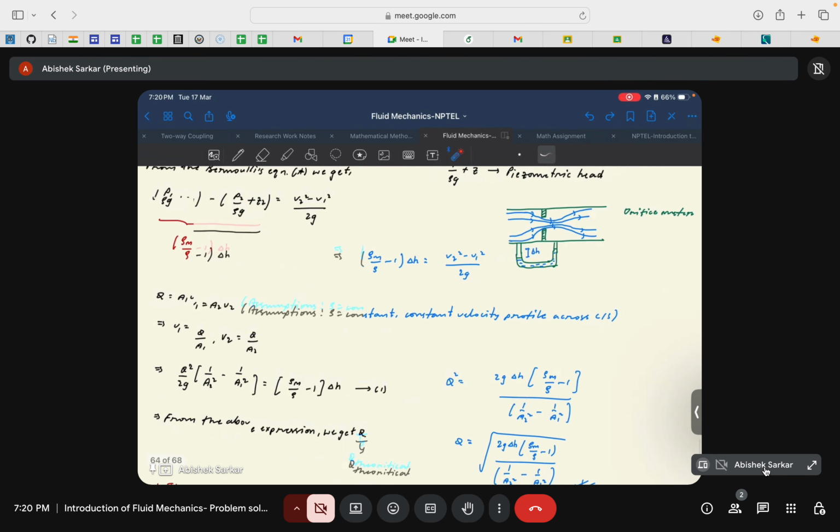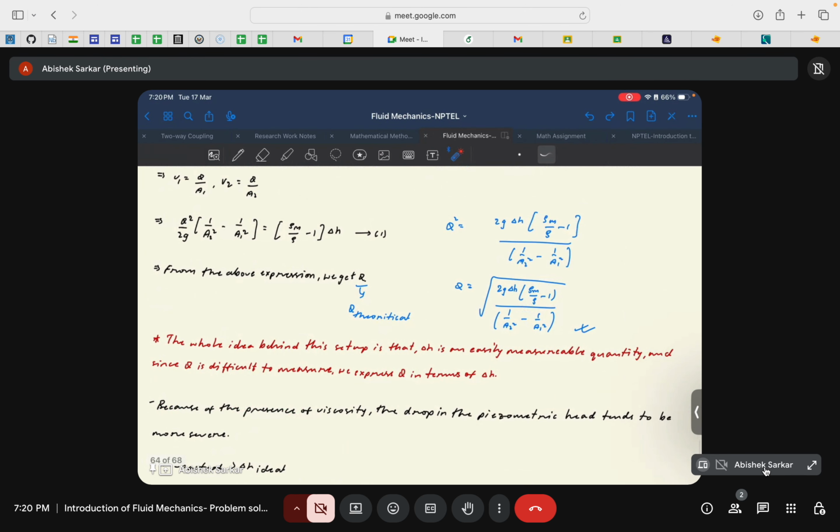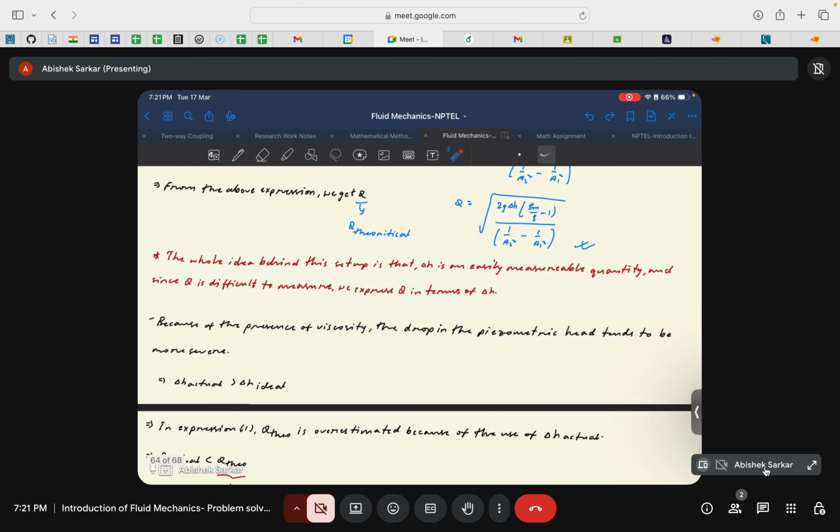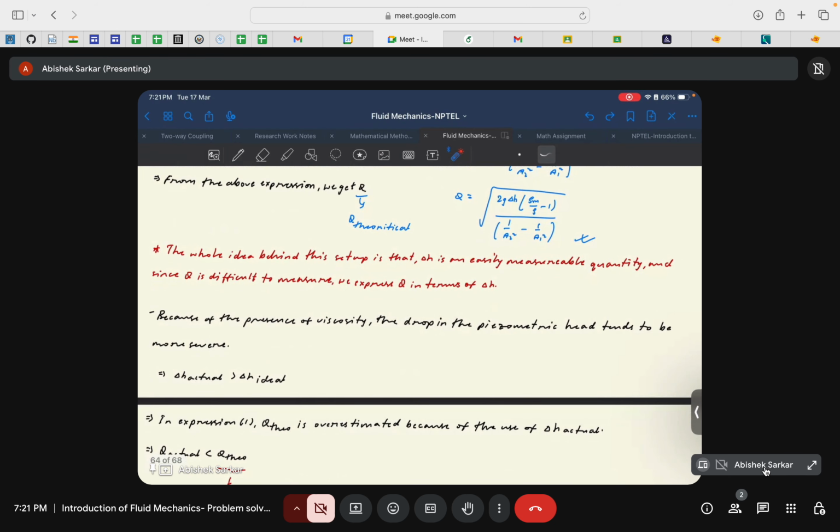But remember, all the calculation of the volume flow that we have done considered Bernoulli's equation. That's why, to take into account the more severe drop in the pressure head because of viscosity, we need to tweak in a correction factor, usually known as the coefficient of discharge.